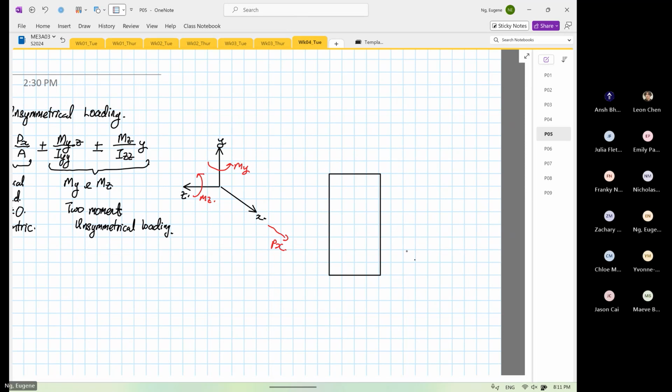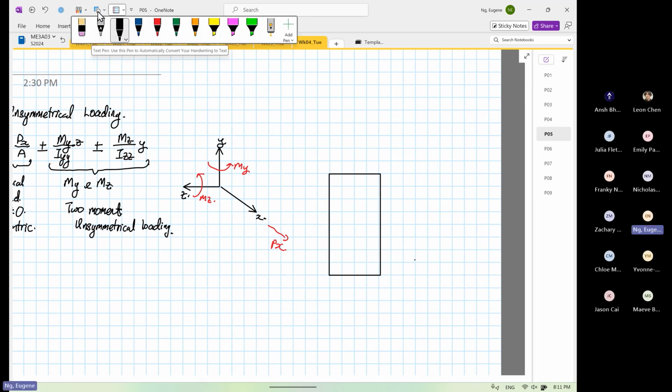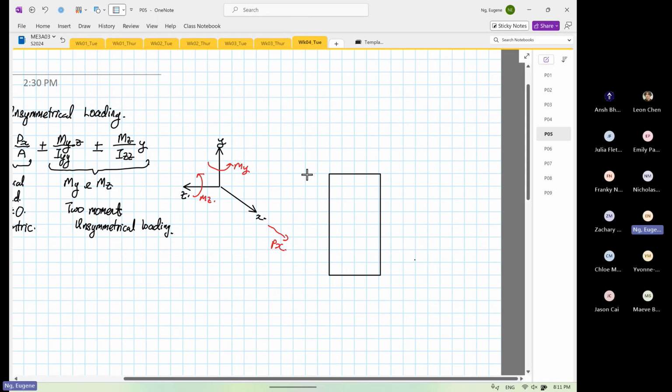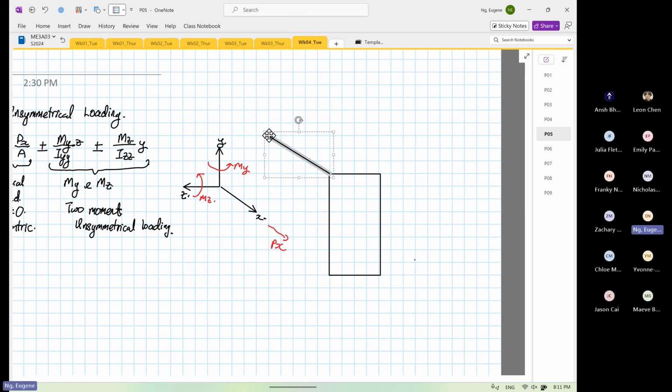And then this structure will go into a wall, like this.